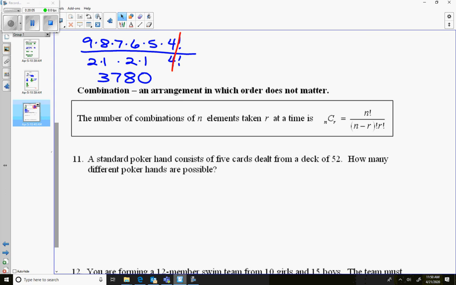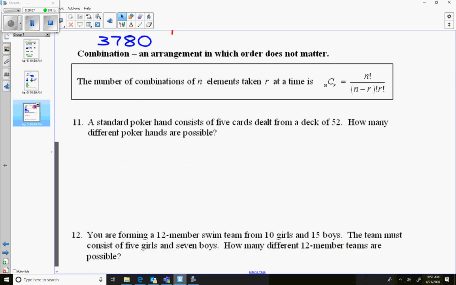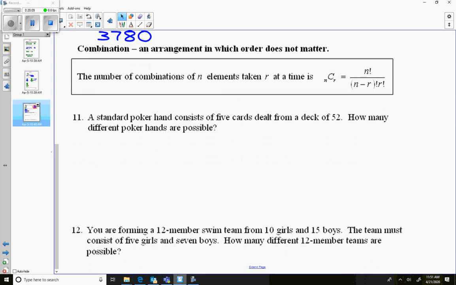So moving forward here with number 11. A standard poker hand consists of 5 cards dealt from a deck of 52. How many different poker hands are possible? All right. Does order matter? You always got to start with that question. Does the order matter?